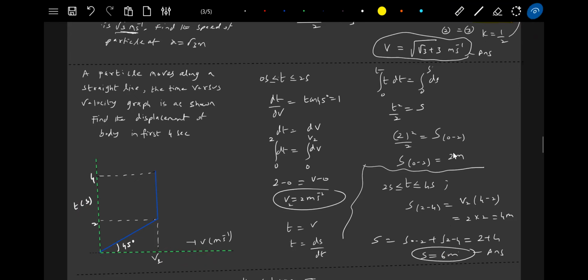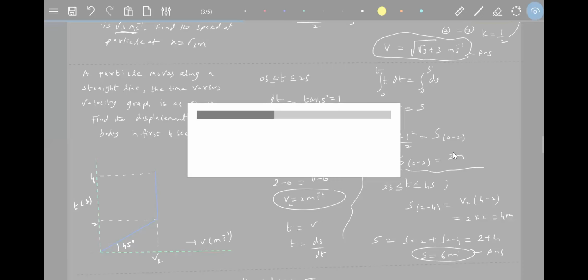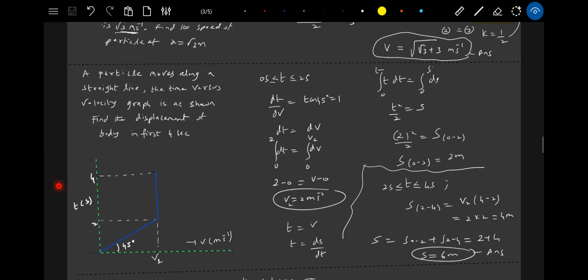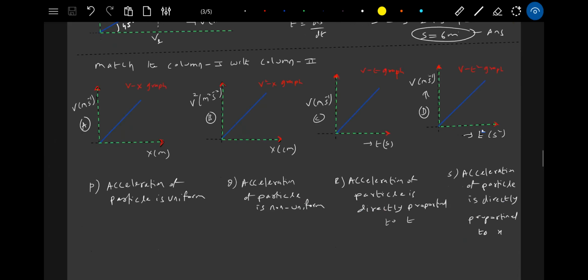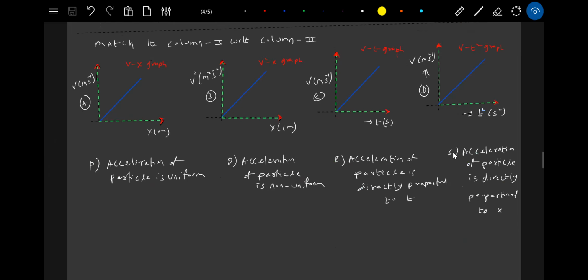Time versus velocity curve also will be there. Just be alert, that's all, nothing big. Just take the next one. Yeah, some very generalized questions.